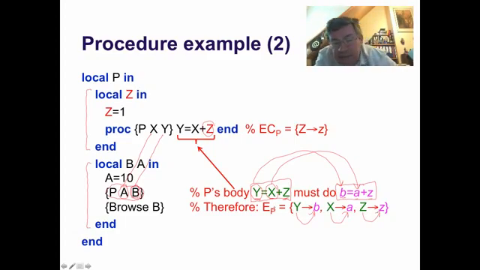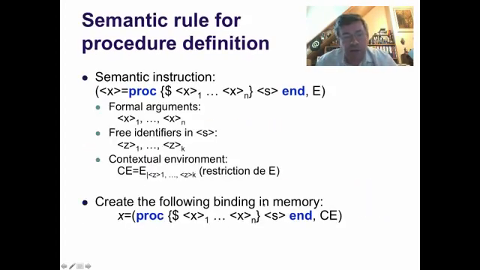So you see, this is the environment with which the procedure calculates. This environment combines, in green, the formal arguments and the contextual environment, and in purple, the variables corresponding to the actual arguments. Somehow we have to create this environment E index P, and that's where the complexity under the formal definition comes from.